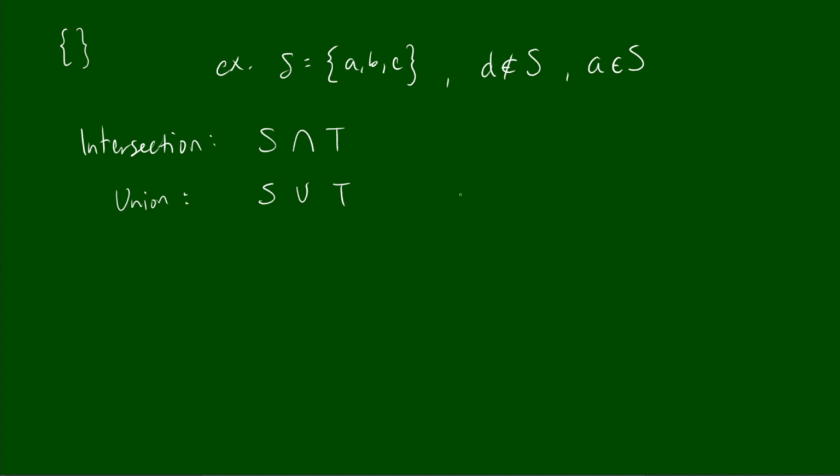If you look at the example above for S, let's do another example. Let's say S is still the same. You have A, B, and C. And let's say T is B and D. What would be the intersection of S and T?